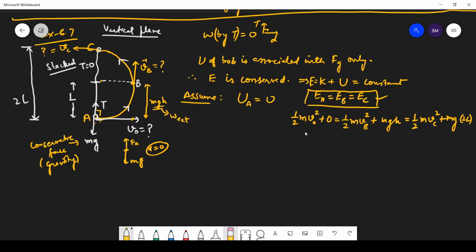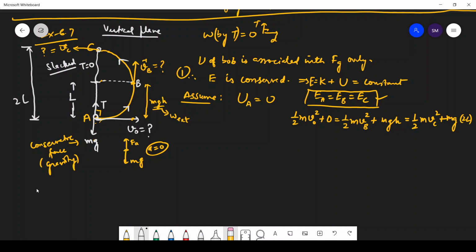Now I need to find V0, VB, and VC, where V0 is the velocity at A. This was the first thing that I have used, equation 1.